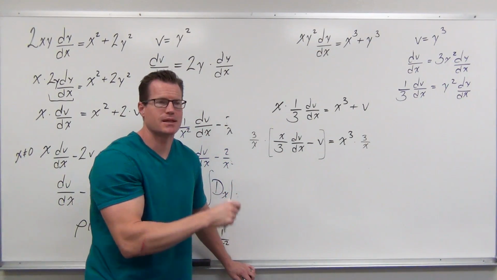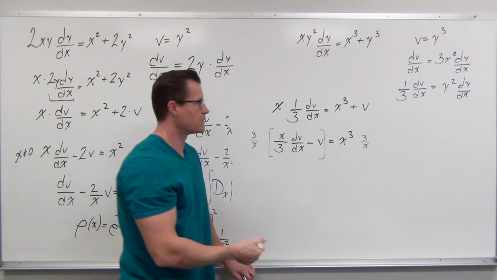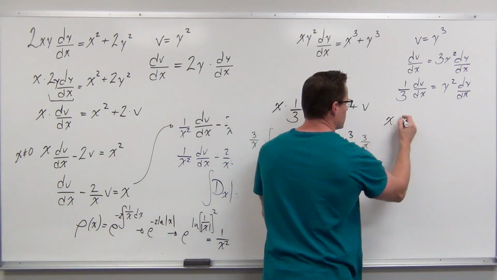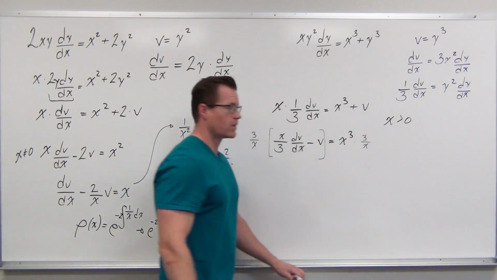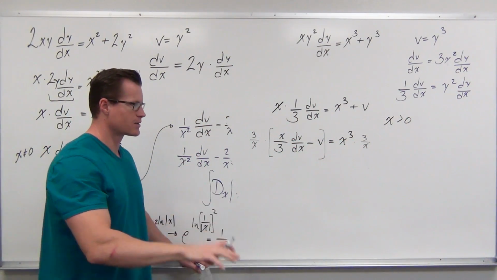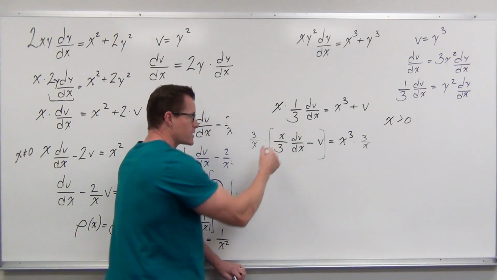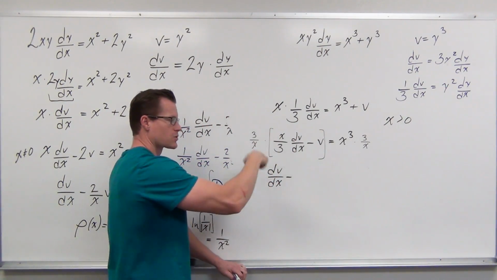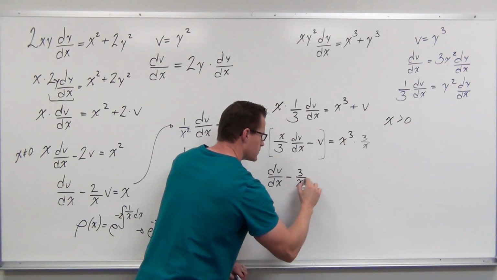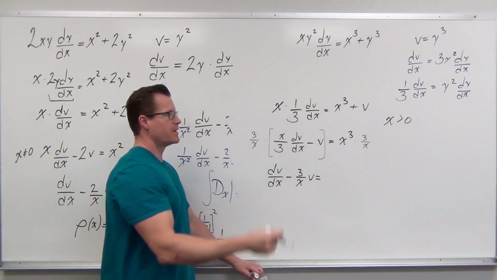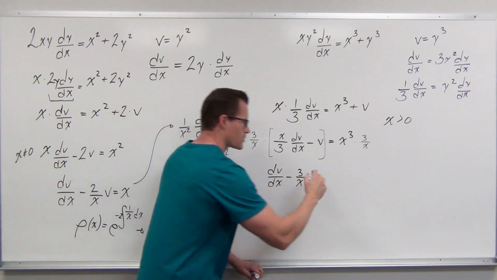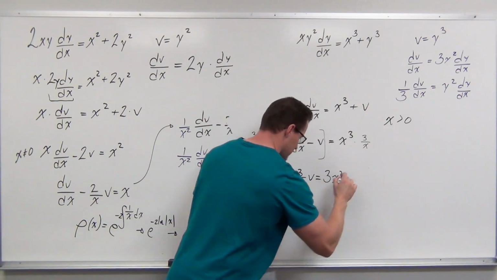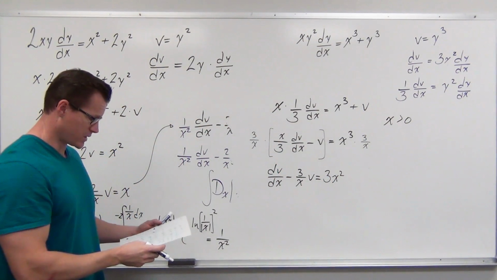Because of that, let's just make x greater than 0. That way we don't have to deal with absolute values, and don't run into any other domain issues. So we're going to get this dv dx minus 3 over x times v, and then we get this 3x squared. That's looking pretty nice so far.